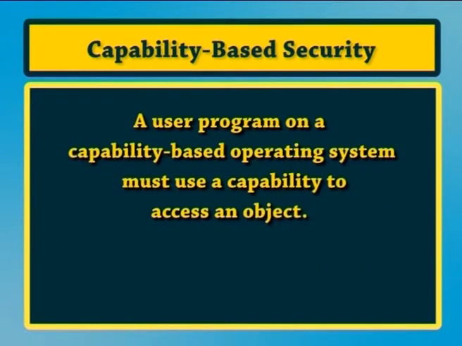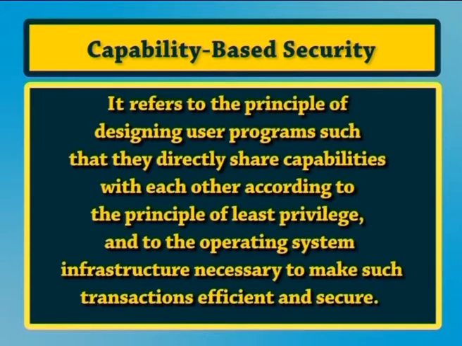A user program on a capability based operating system must use a capability to access an object. Capability based security refers to the principle of designing user programs such that they directly share capabilities with each other according to the principle of least privilege, and to the operating system infrastructure necessary to make such transactions efficient and secure.